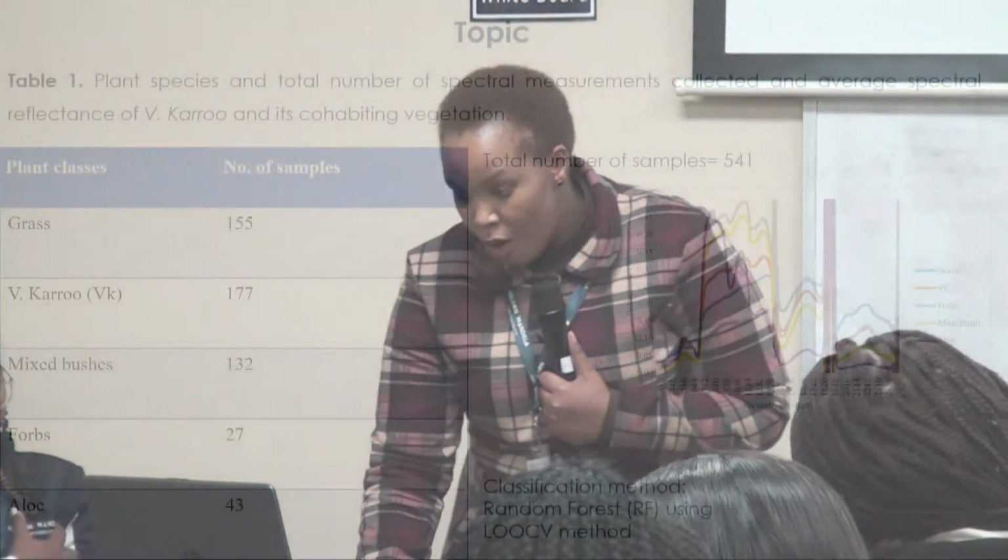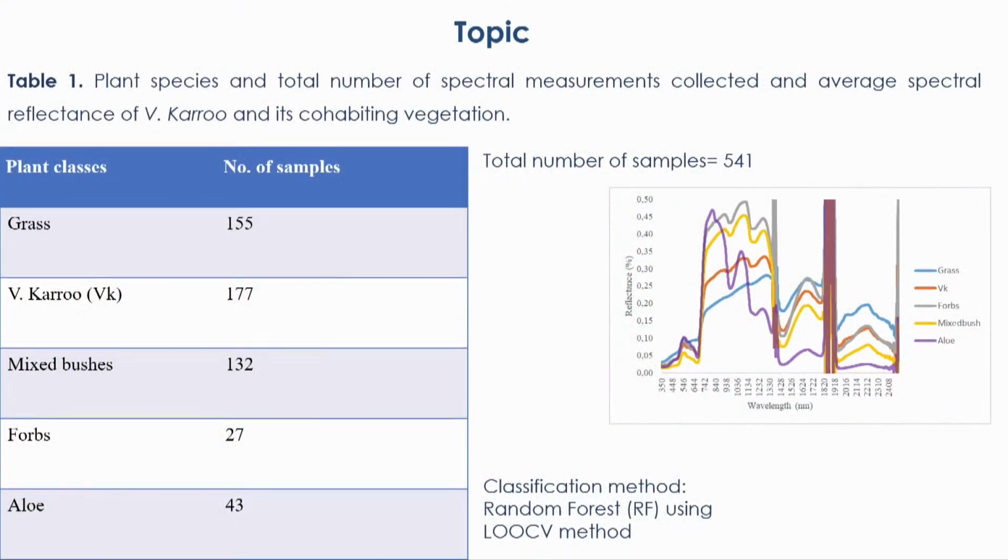The types of vegetation found were grass, and of course the species of interest, Vachellia karoo, and there were also mixed bushes, forbs, and aloe. We took spectral reflectance of each vegetation using an analytical spectral device. What you see here on my right side is a spectral curve of each of the vegetation.